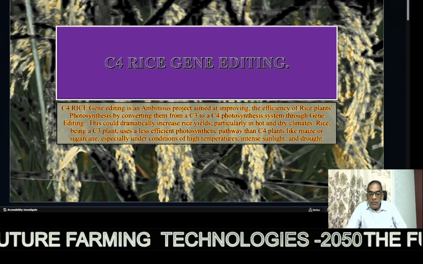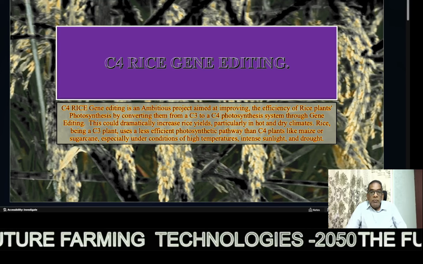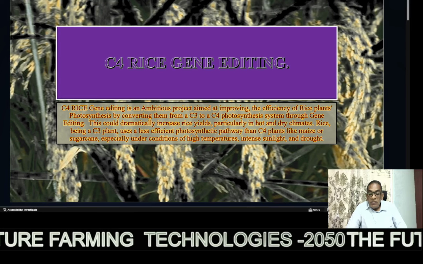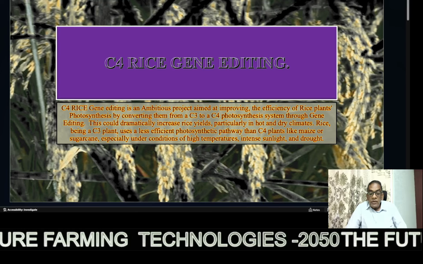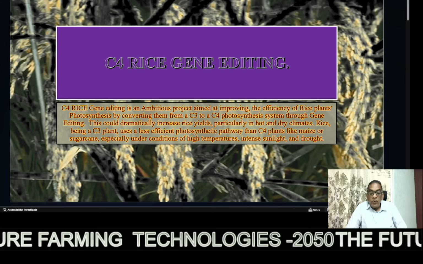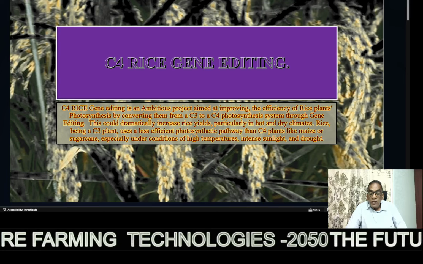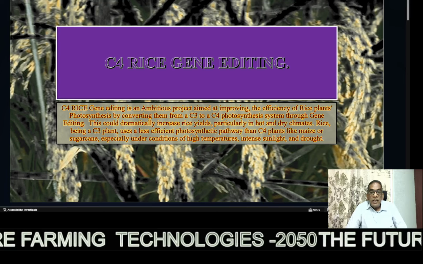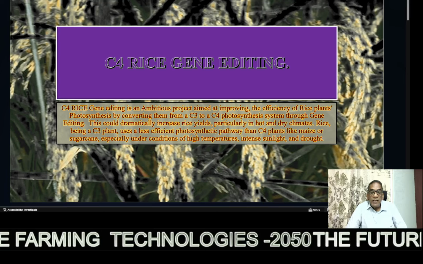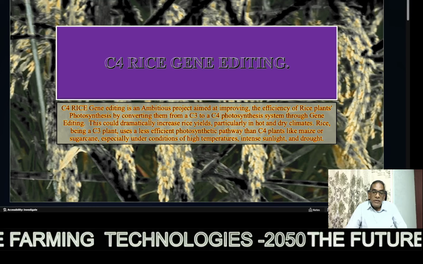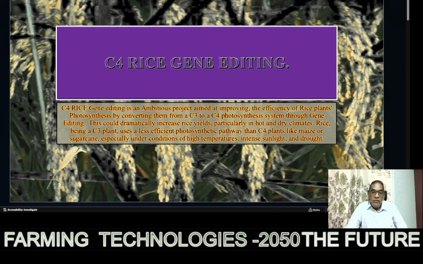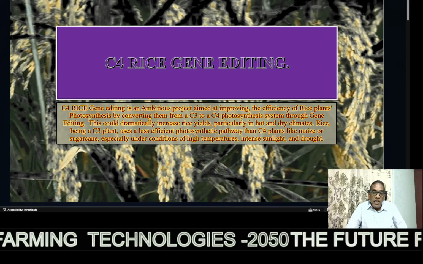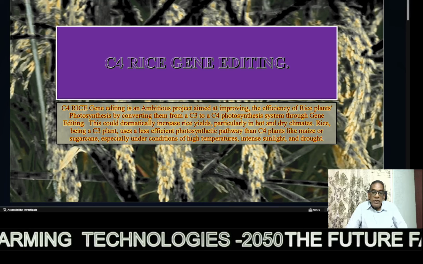It is an ambitious project aimed at improving the efficiency of rice plants' photosynthesis by converting them from C3 to C4 photosynthesis system through gene editing. Originally rice is a C3 plant, so it should be converted by gene editing, not modification, I'm sorry, gene editing, to C4.